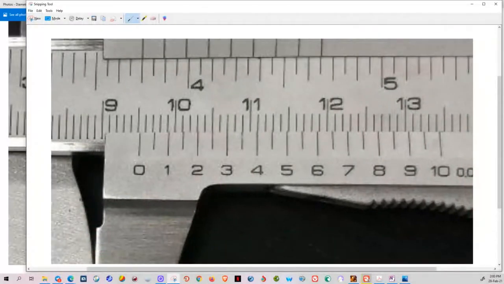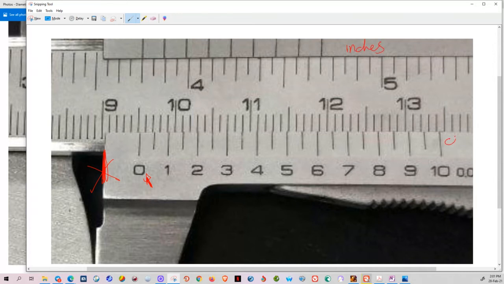First, when we read, we always read from this line where you have 0. Is that clear? Not from this edge. This edge is nothing. We always read from the line of 0 on the sliding scale, and then we read in centimeter. You have to check. At the top, this is inches.